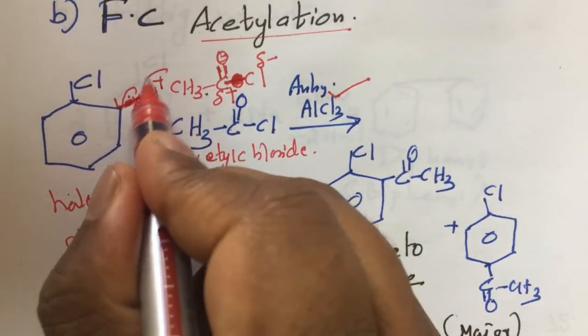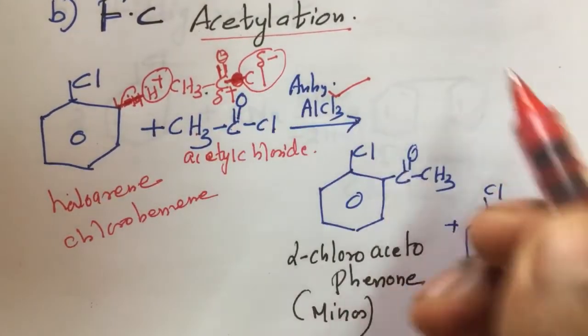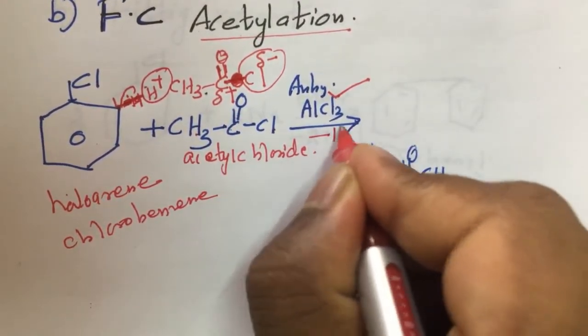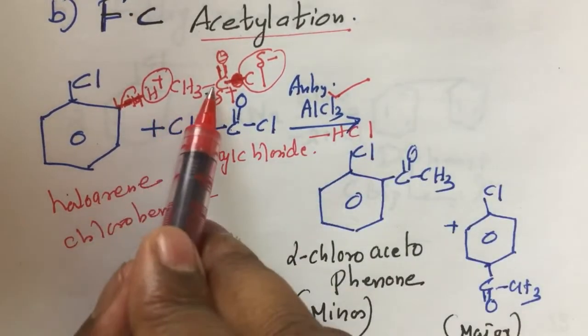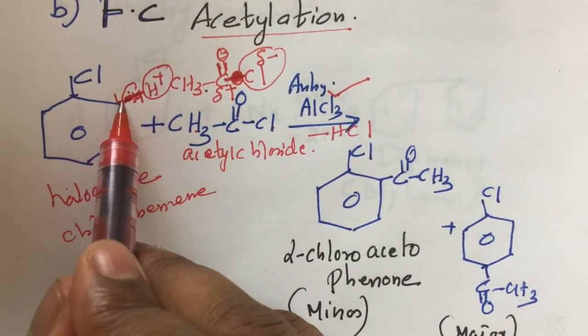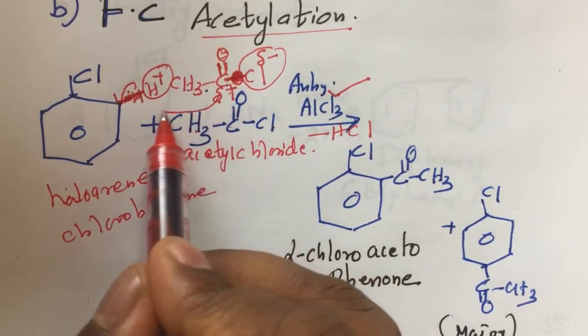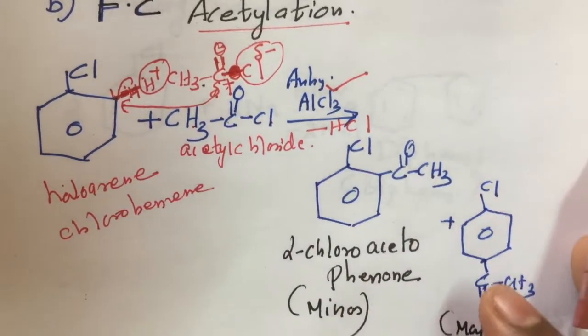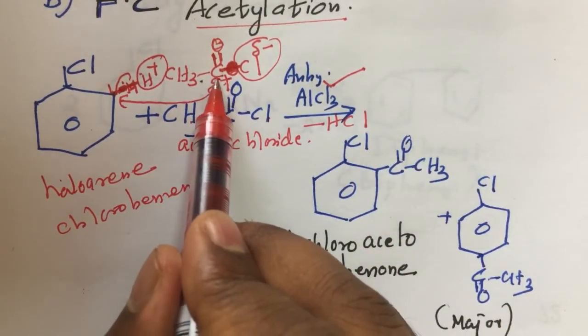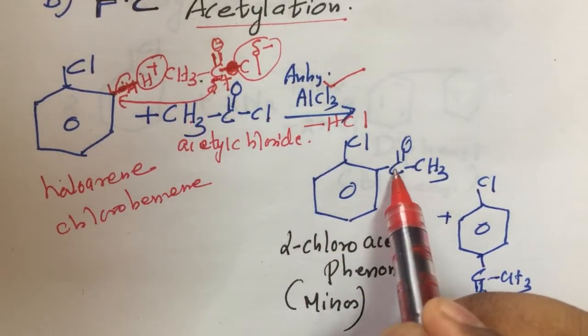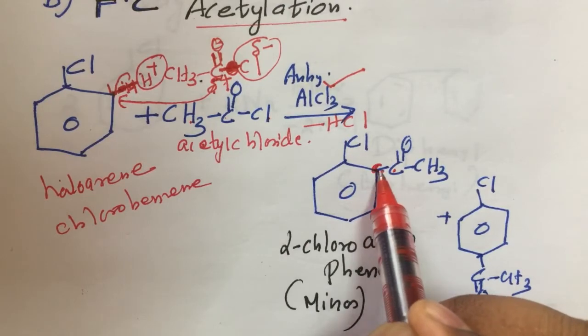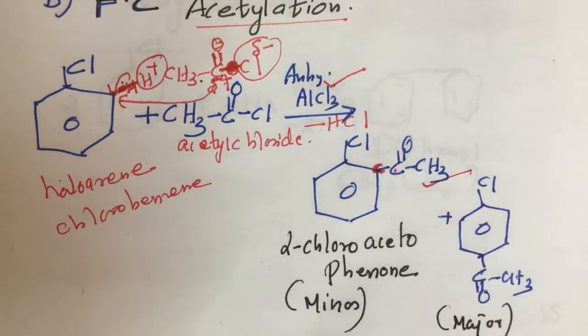Then H plus and Cl minus form the byproduct HCl. Now what is remaining? Here 2 electrons, then CH3CO plus, and this plus will add to this electron pair and form the positive charge here. So CO will attach to this negatively charged carbon, giving COCH3.